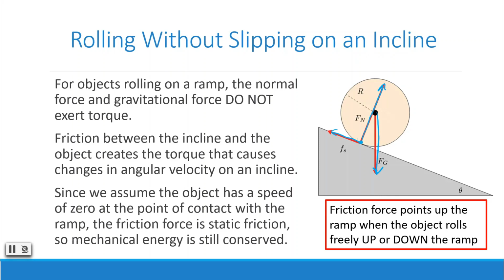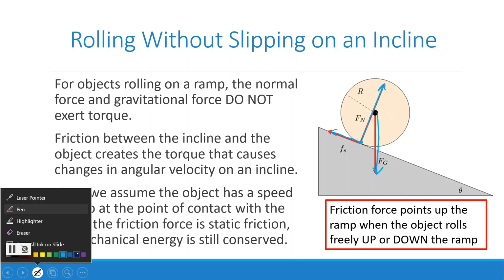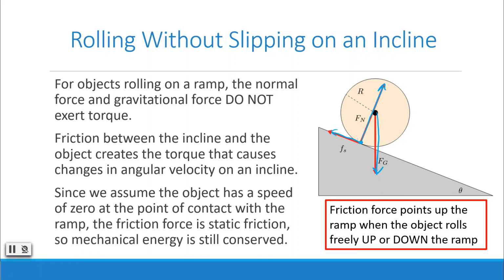So let's assume that I release this thing from rest. At this instant, it has no linear speed and no angular speed. Over time, it's going to gain a linear velocity and it's going to start rolling with an angular velocity. In order to increase in angular speed, there must be a net torque, so you're going to have an angular acceleration.